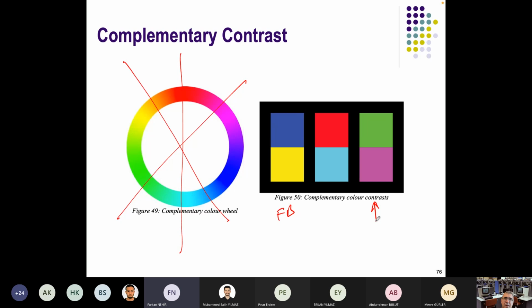There was one, I forgot. Anybody remember which teams these are? So those use complementary contrast. When you combine them, you get white.